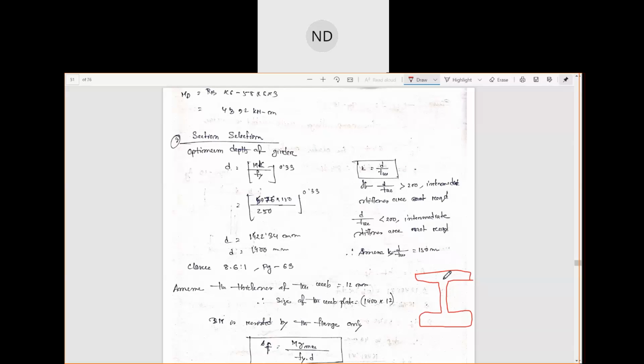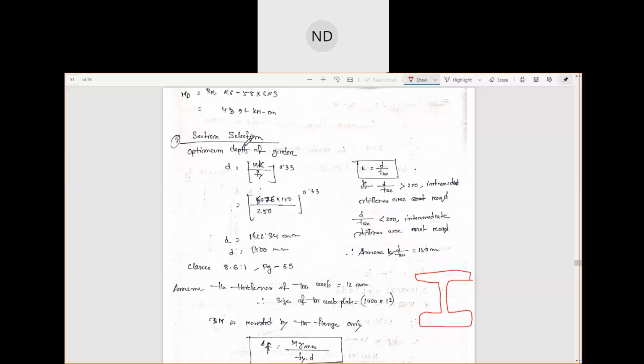So we have to select the sections. I section we know, but what sizes of section we are using, such that the maximum bending moment and shear force can be resisted by this plate girder.